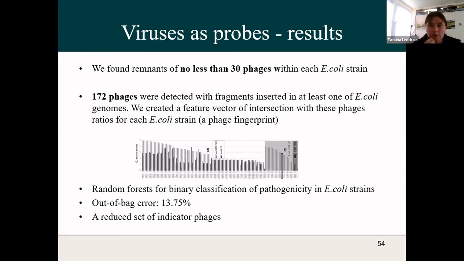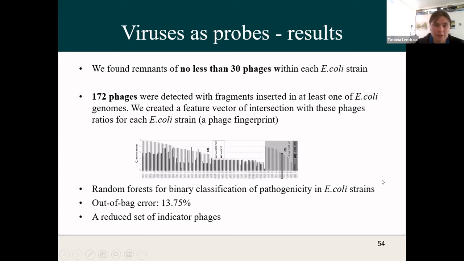We created a vector of intersections with these phages for each E. coli strain, kind of a phage fingerprint, and we use it as a feature vector for classification. Here I also demonstrate the random forest for the classification of E. coli strains. The out-of-bag error was 13.75%, and you can try the classification on your own.